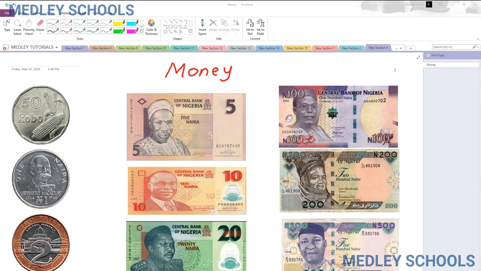In Nigeria, money is categorized into two. We have the coins and the banknotes. The examples of the coins in Nigeria: we have 50 kobo. This is 50 kobo. We have 1 naira and we have 2 naira. The banknotes we have in Nigeria: this is 5 naira, this is 10 naira, this is 20 naira.